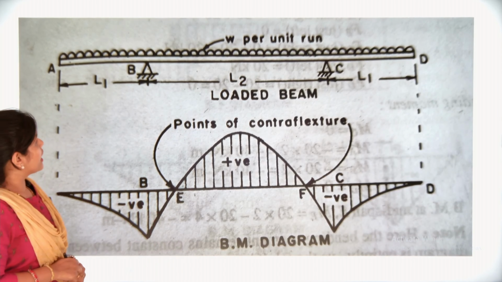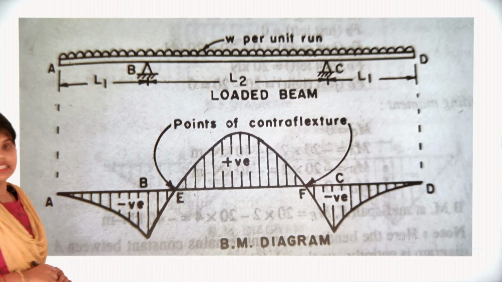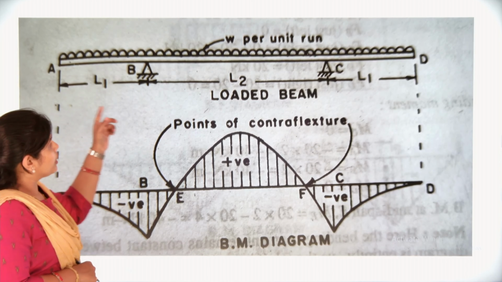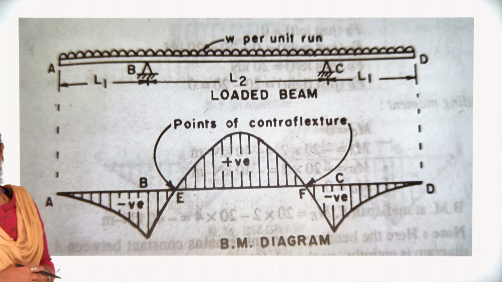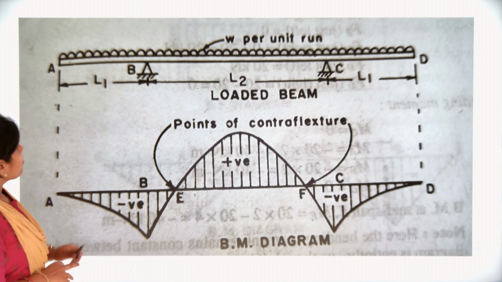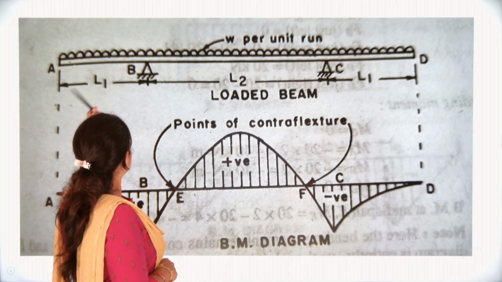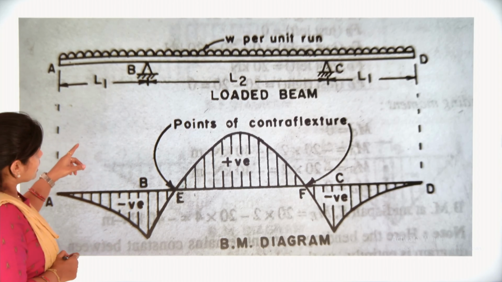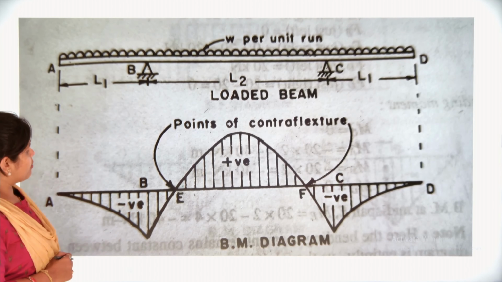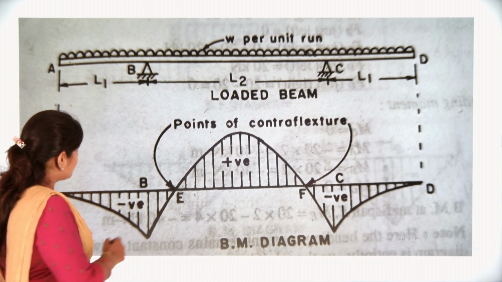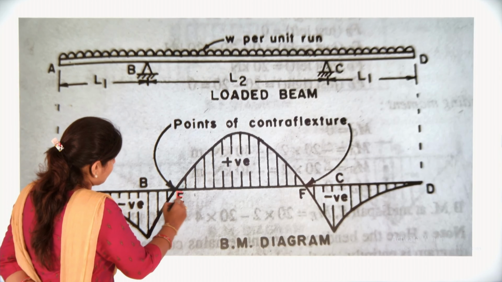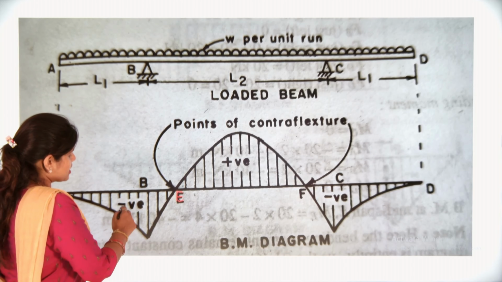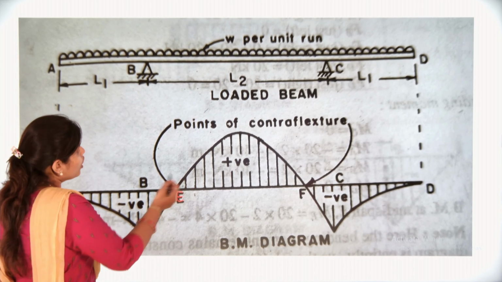So here is the example that you have: BC is a simply supported beam and we have one UDL over the overhanging beam. The first thing is, here you have BC and the overhanging part is your AD part. If we draw the bending moment diagram of it, we will have this point E after B, and here you can see the bending moment changes its sign from negative to positive.